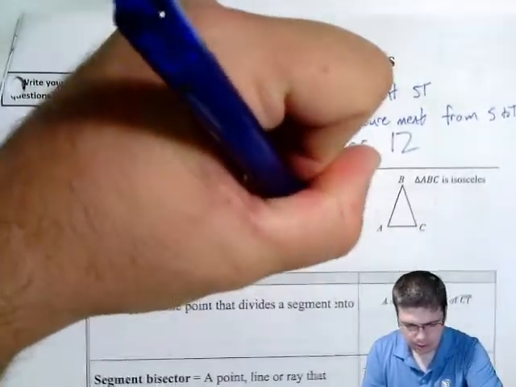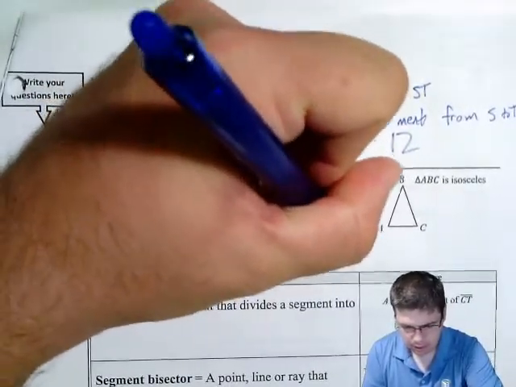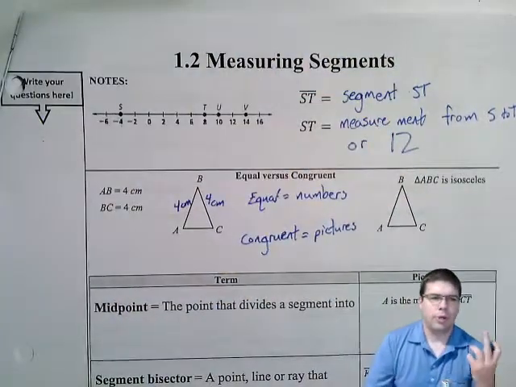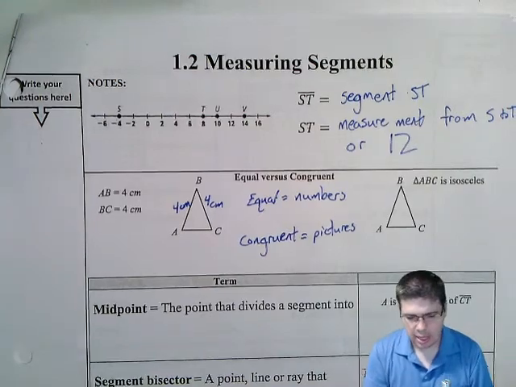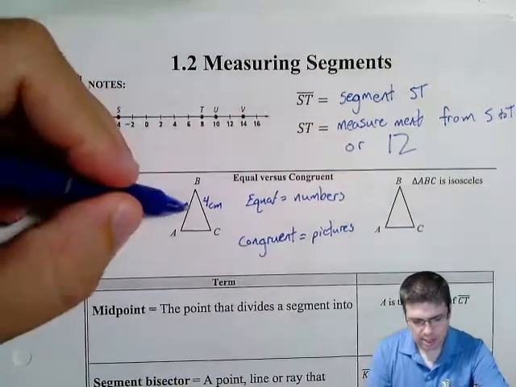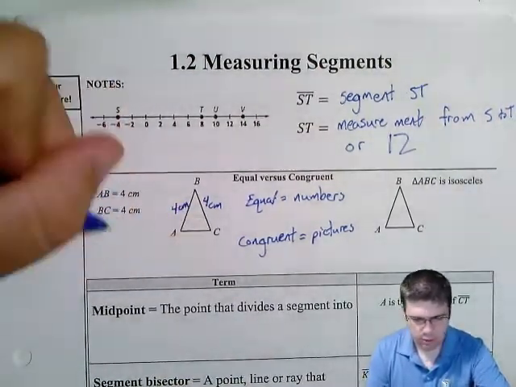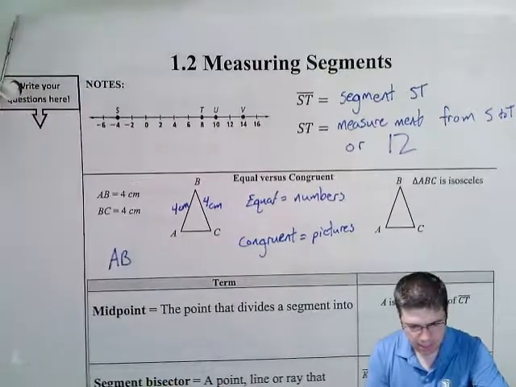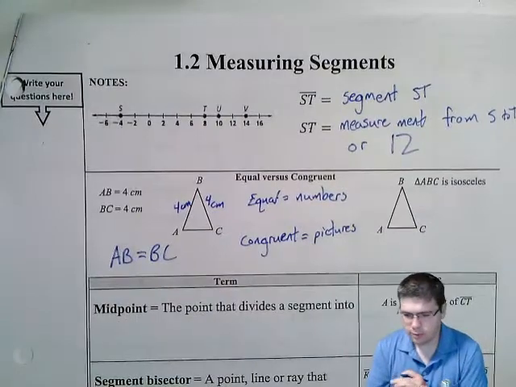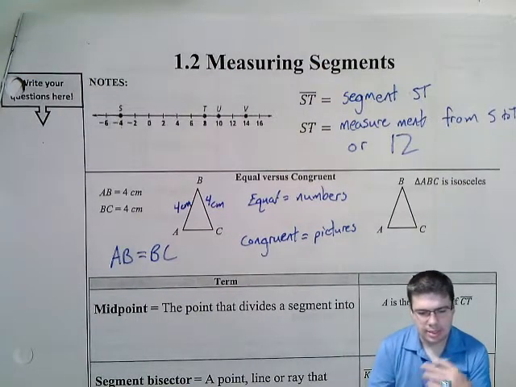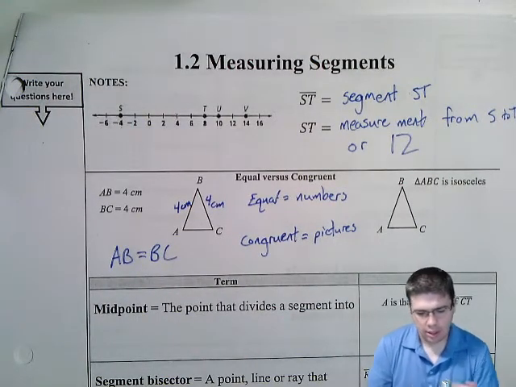So we can have congruent segments. We'll get into congruent shapes, congruent objects, things like that. 4 is equal to 4, so we would say that AB is equal to BC. That's the statement of equality.